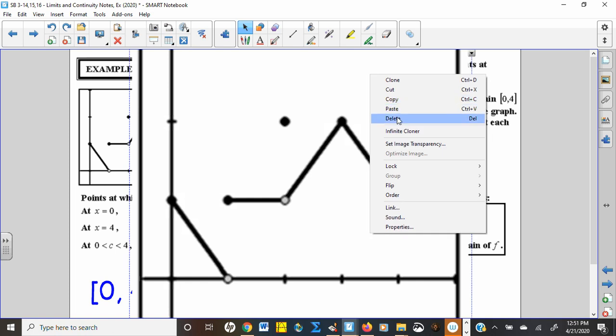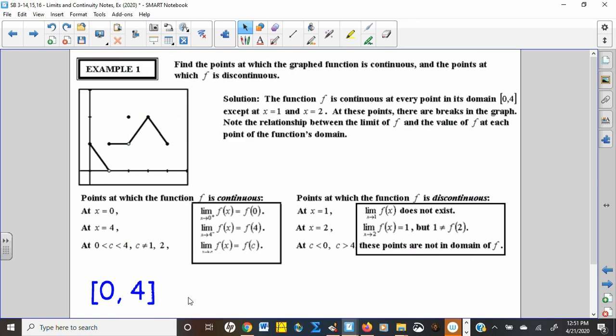All right. I know the axes aren't labeled, but it told us here that the interval is from 0 to 4. So there you go. No problem.